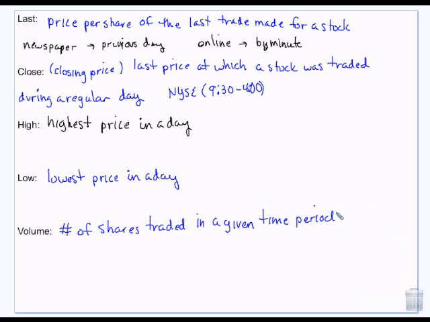So it's the number of shares traded in a given time period. That could be a day, a week, a month, a year, an hour. It's just a set time period, and that's the volume. It's just the number of shares.